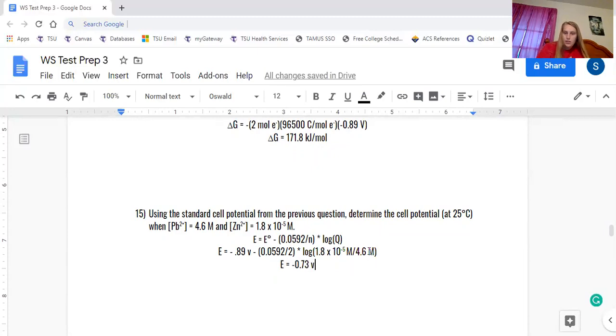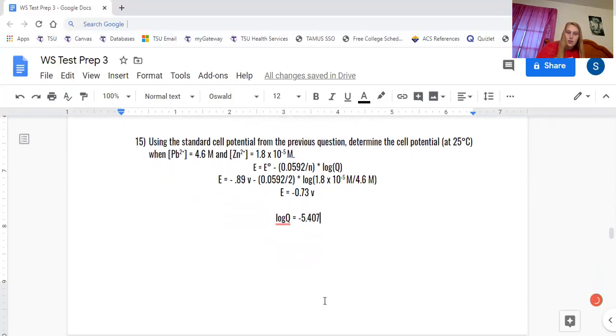And if you're trying to solve this, the log of Q, when I solved that out, I got negative 5.47. So if you're trying to figure out where you messed up, if you go back and solve that one, that might help you out there.